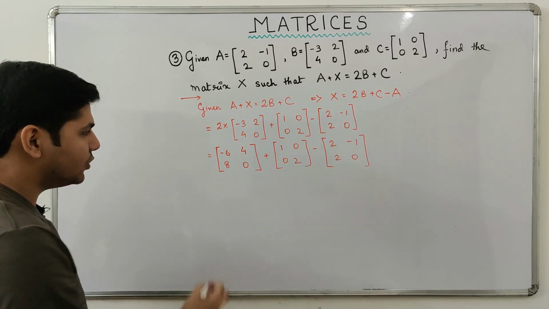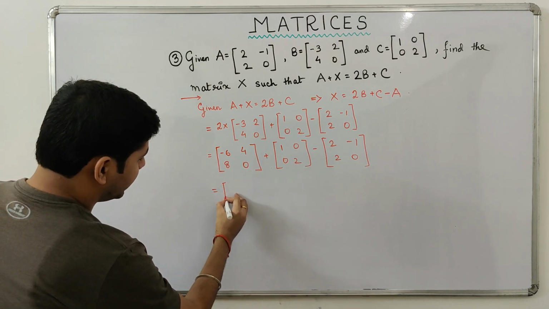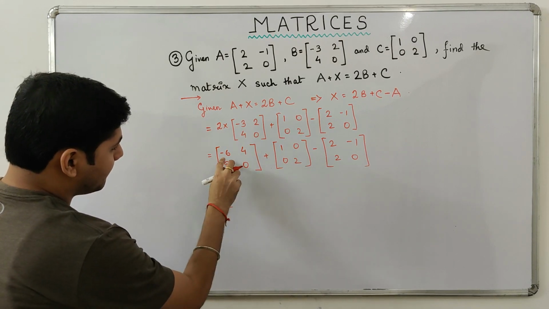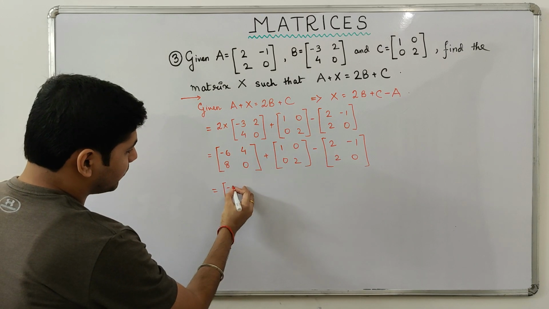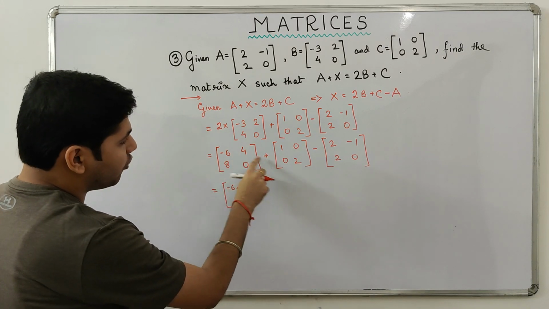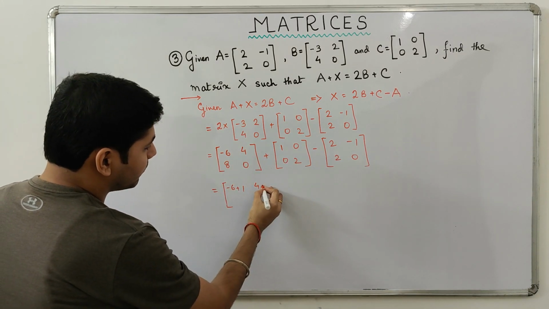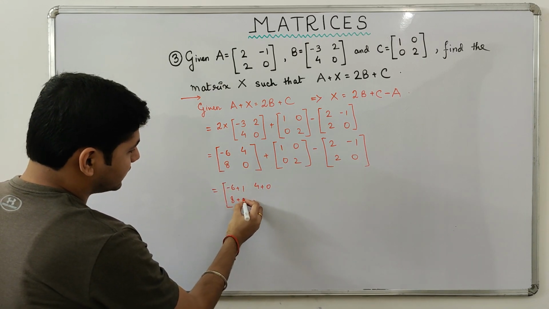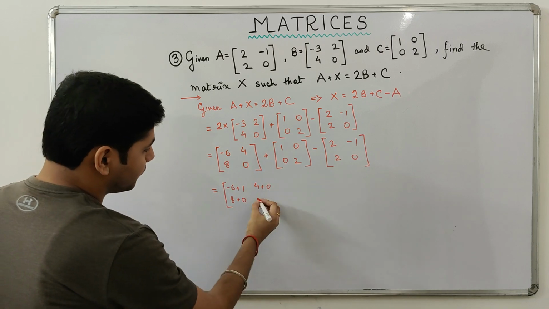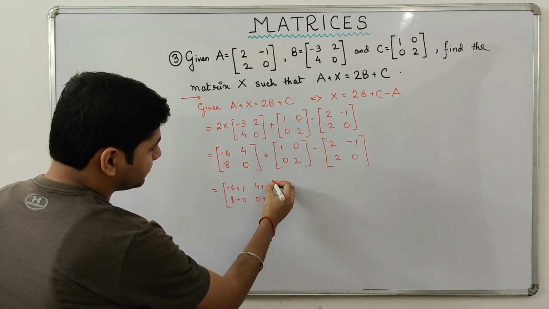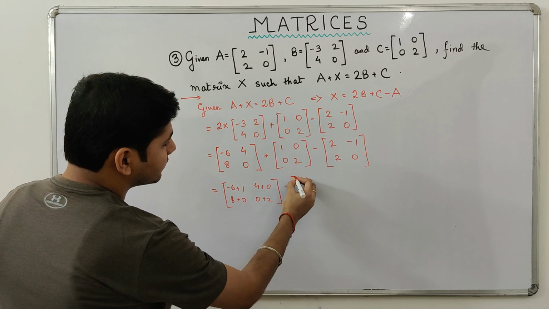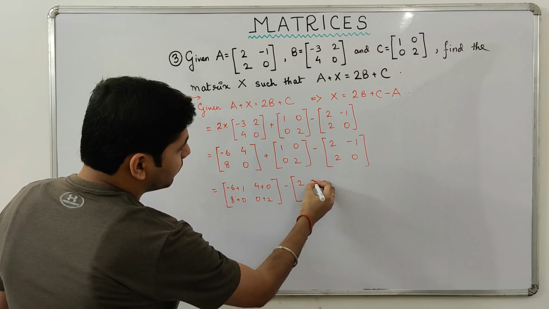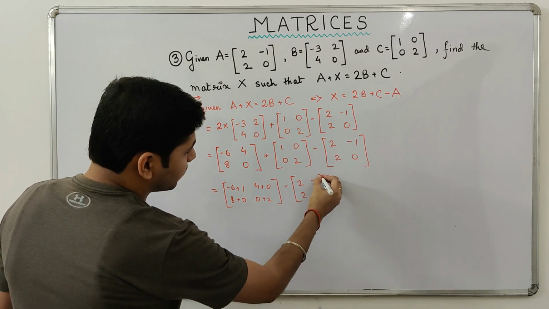Matrix addition, let's do that. So what do we get? We will get minus 6 plus 1, 4 plus 0, 8 plus 0, and 0 plus 2, minus 2 minus 1 2 0.